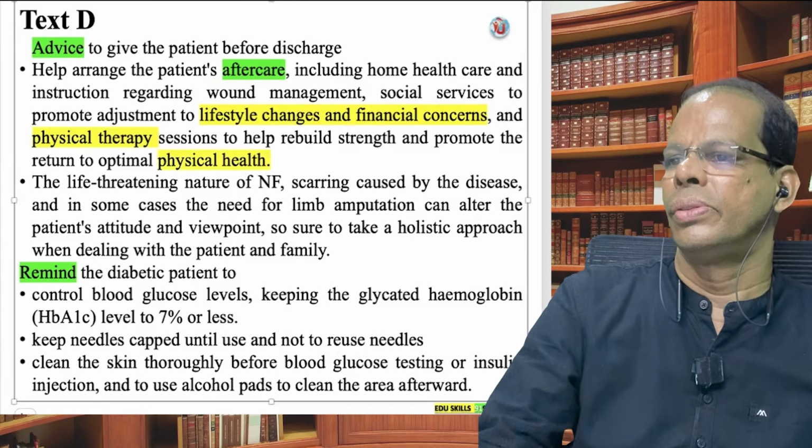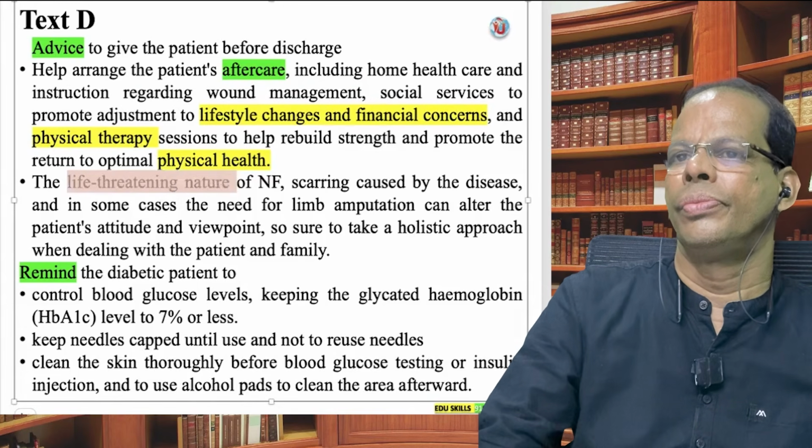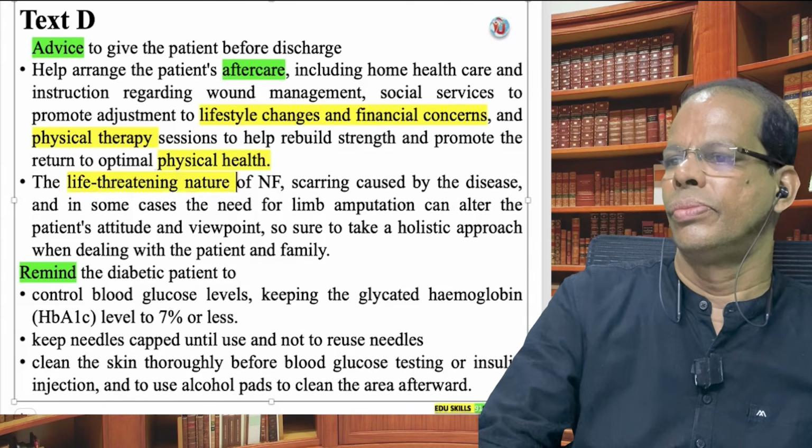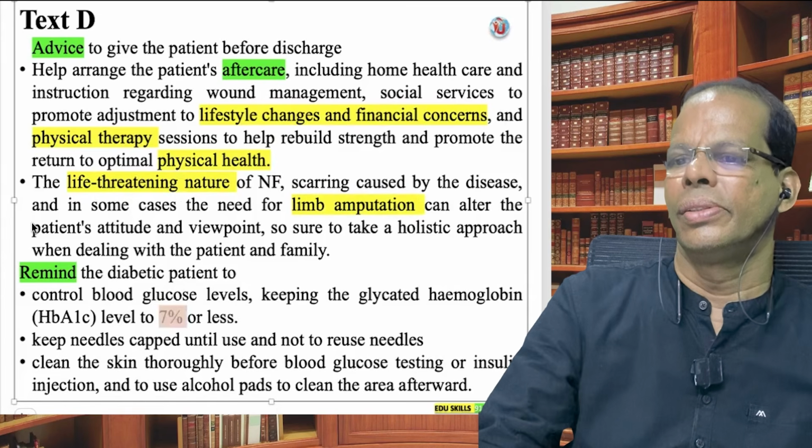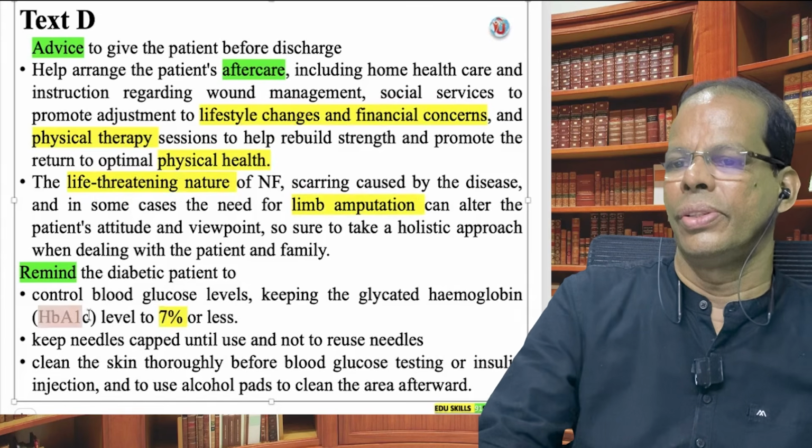The life-threatening nature of NF, limb amputation. Remind the diabetic patient to have HbA1c 7%.